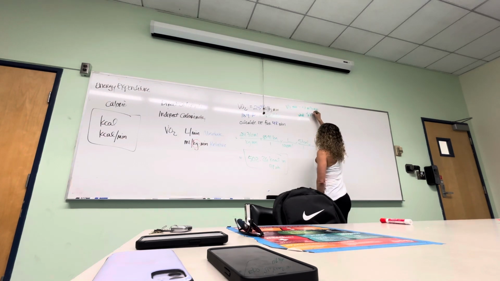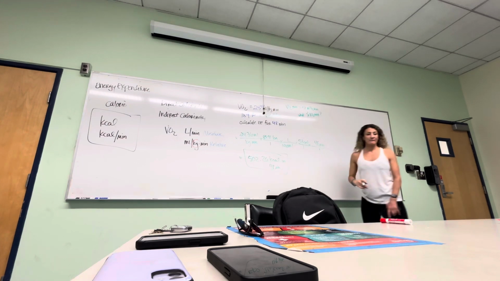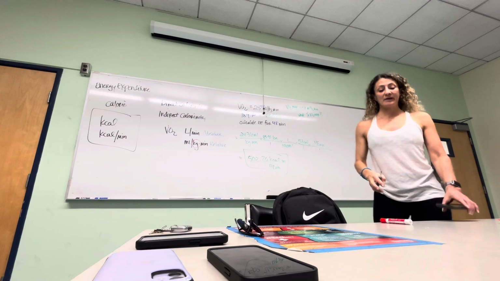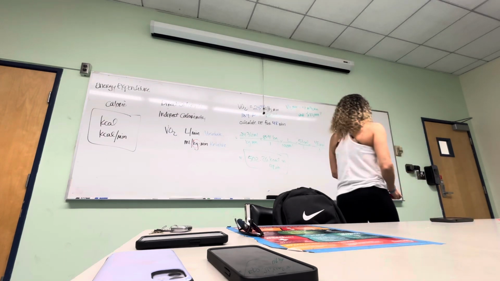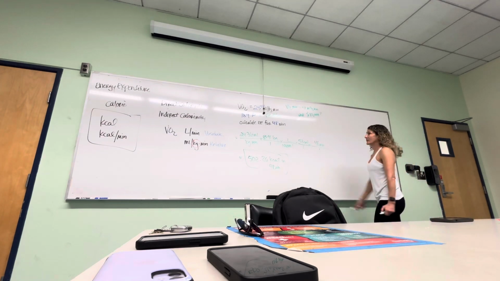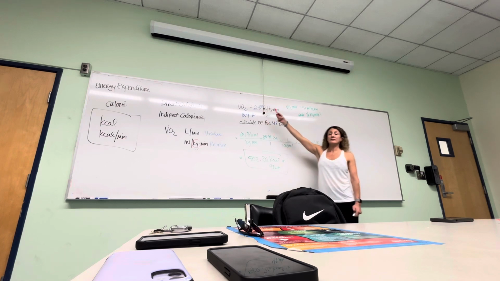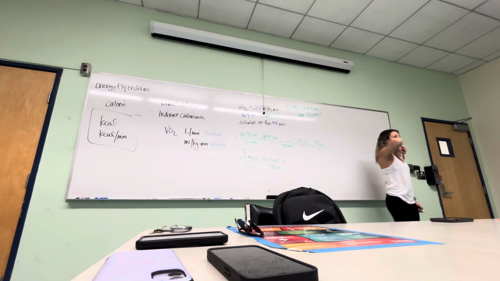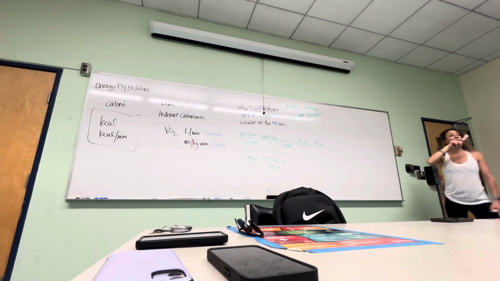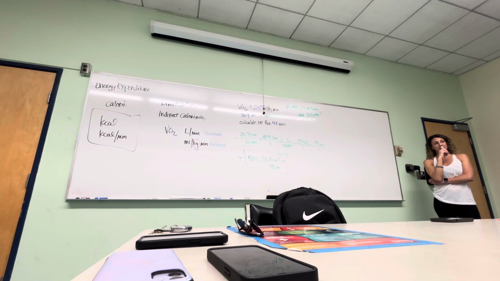What percent of their VO2 max are they at? Do you know how to figure that out? They're at 24.36 and their max is 51. What math are you doing? What are you typing into your calculator?